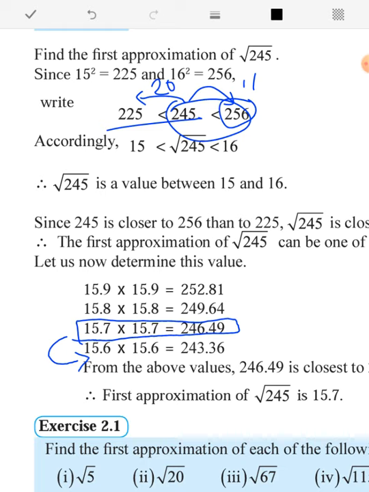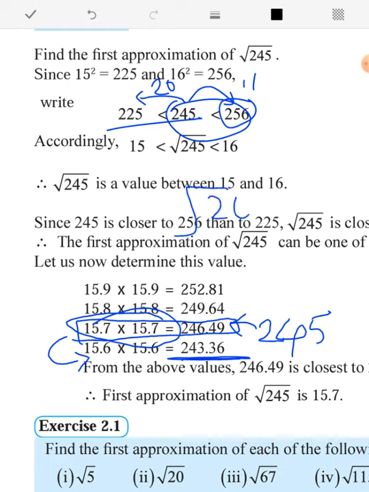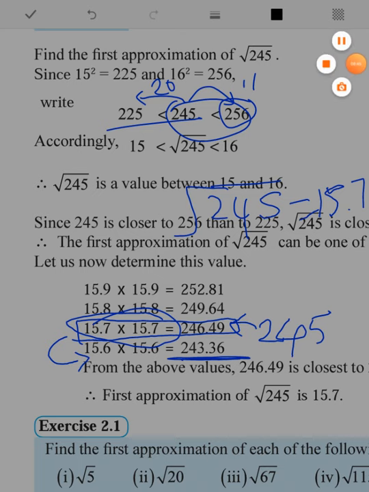This is a little far from 245, so the other is closer than this. So our answer is the square root of 245, approximately, not exactly. This is the first approximation, so 15.7. Hope this one is clear to you all.